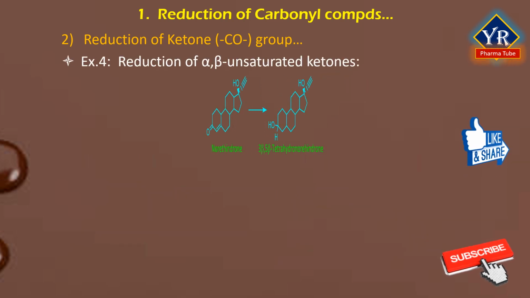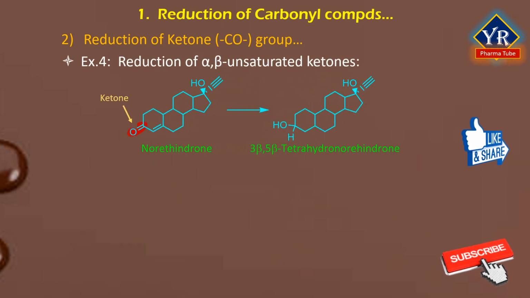Reduction of alpha-beta unsaturated ketones results in reduction not only of the ketone group but of the carbon-carbon double bond as well, which means that alpha-beta unsaturated ketones are typically metabolized to saturated alcohols. For example, norethindrone, a synthetic progestin found in many oral contraceptive drug combinations, undergoes metabolic reduction to give 3-beta, 5-beta tetrahydrometabolite.